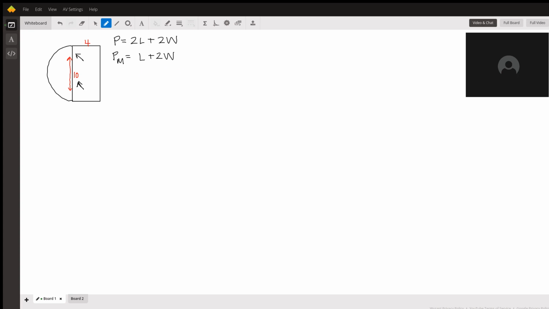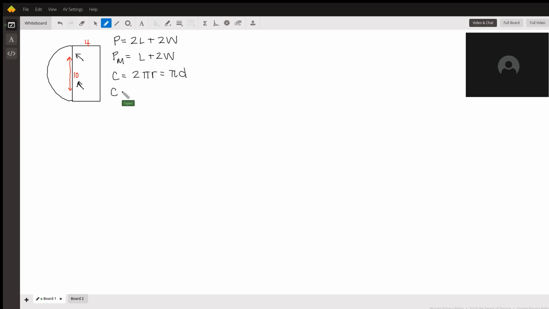And then for the semicircle, we're going to take the usual circumference for a full-size circle and divide it by 2, because we're only actually including half the circumference of the semicircle. So actually, you know what? I'll write that first. So usually circumference is 2 pi r, which can also be written as pi times the diameter, okay?